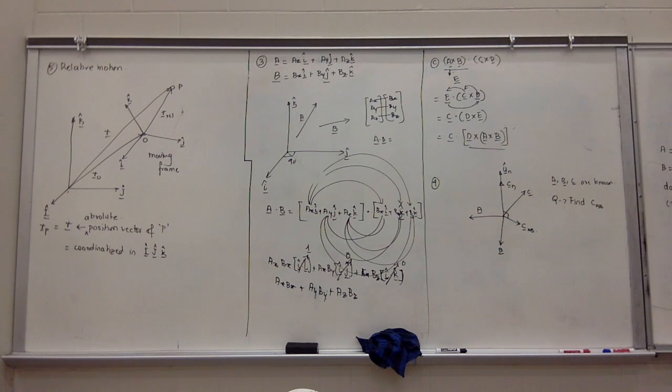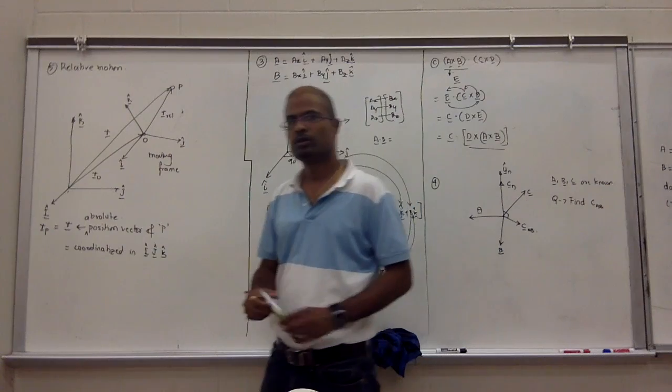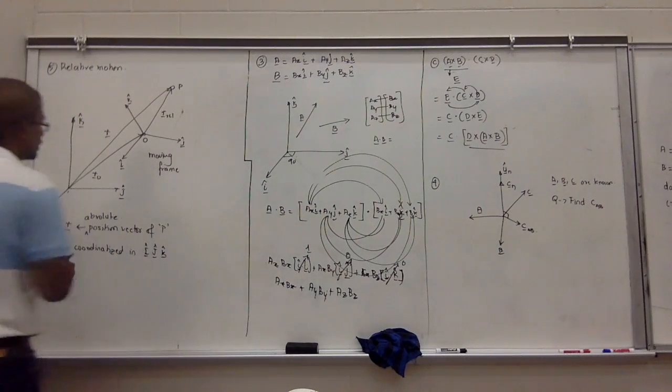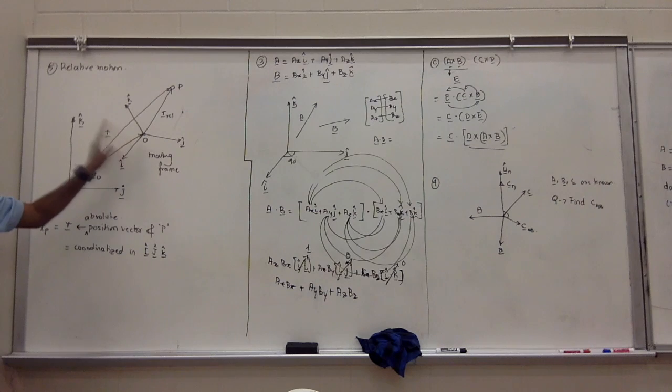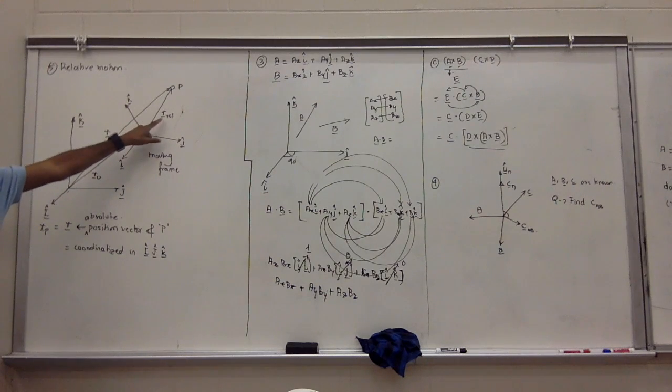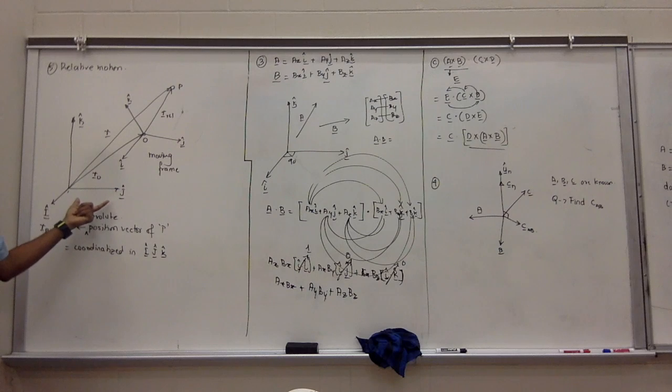You have to be very, very careful with that. Okay? So for example, R relative, you can coordinatize each of these vectors in any frame. You can coordinatize this R relative in either this frame or this frame. Only the components and the bases change.